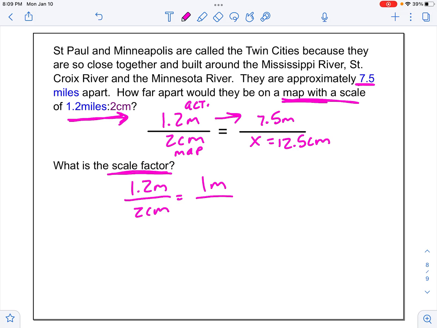So that means I had to divide this by 1.2. So 2 divided by 1.2, and I get 1 point, I'm just going to round it up, 1.7 centimeters. So for every mile on the real road, I have 1.7 centimeters on the map.